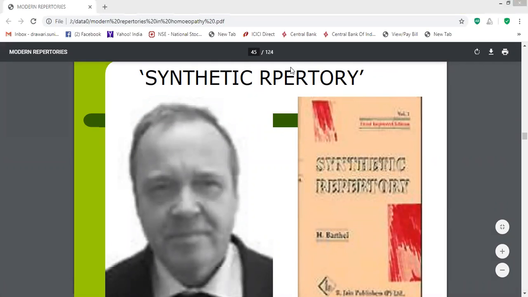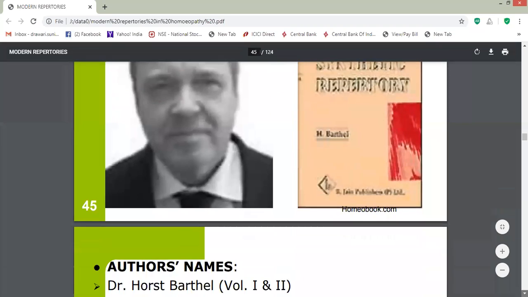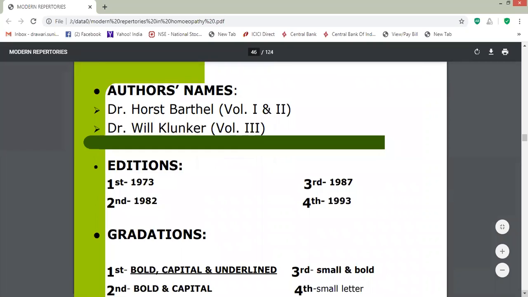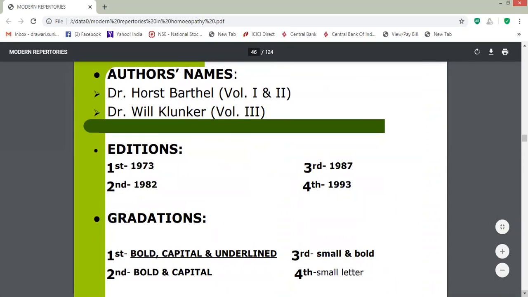This is the front page of the first volume of this Synthetic Repertory, written by Dr. Barthel and published by B. Jain Publishers. The author of the first and second volumes was Dr. Horst Barthel, and the author of the third volume was Dr. Will Klunker.